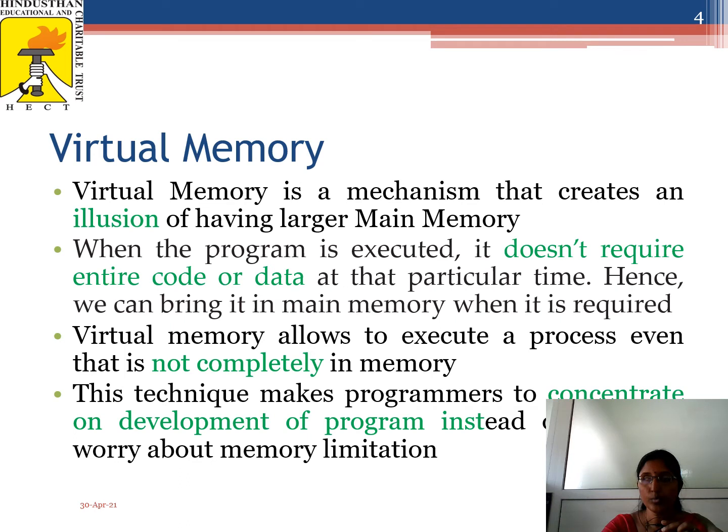Hence, only the required portion of the program is transferred to main memory by the operating system with the help of the virtual memory mechanism. Hence, this virtual memory mechanism allows us to execute a process even if it is not completely in main memory. So this technique reduces the burden on programmers, who can concentrate on the development of the program instead of worrying about the memory limitation.